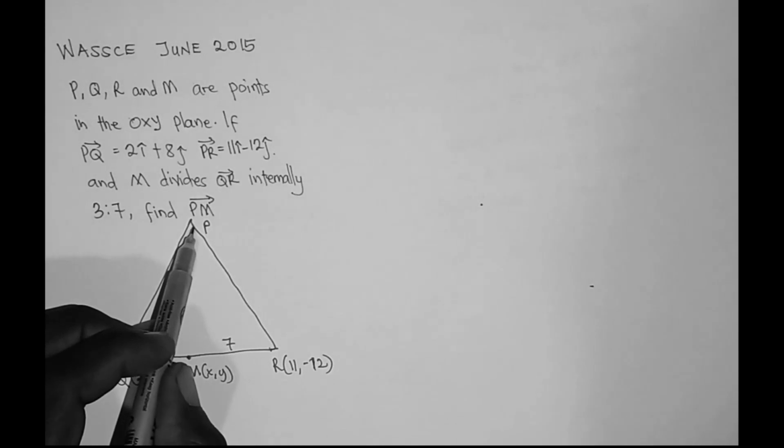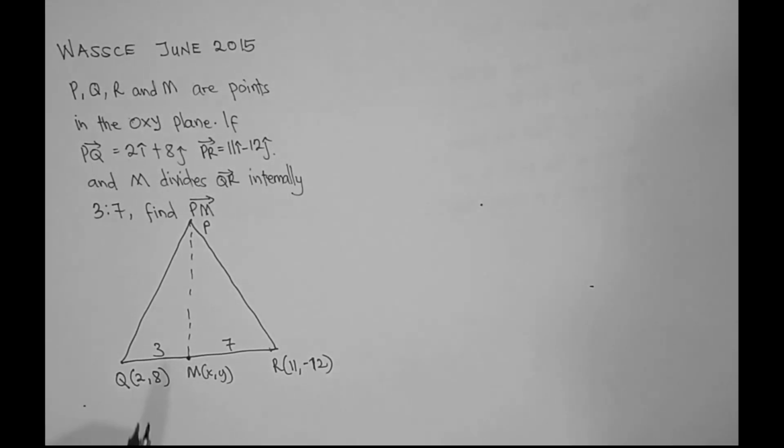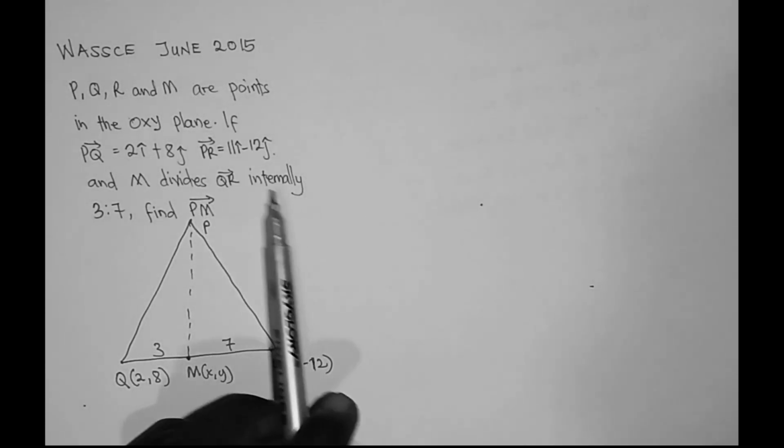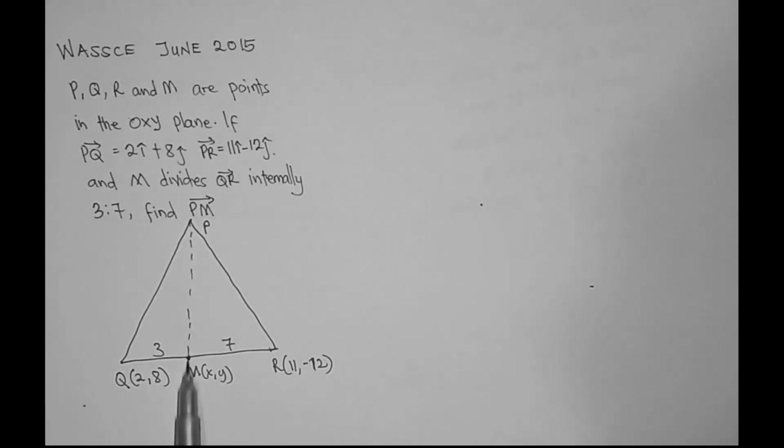Let's draw a vertical line from P to M. So the question is saying we should find PM, which is this line.